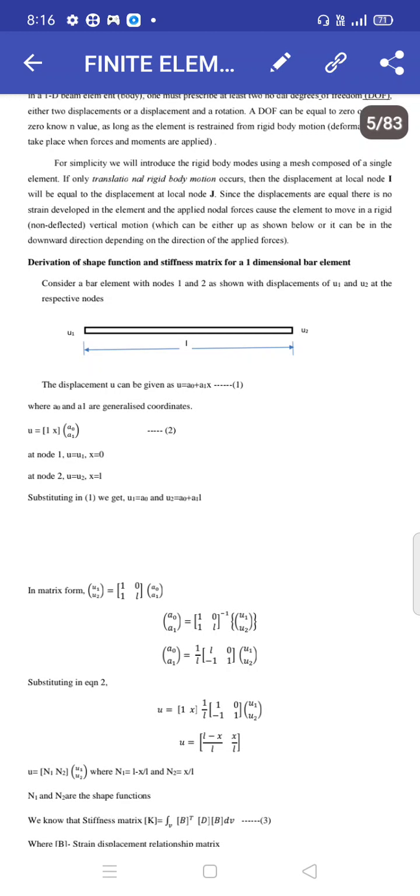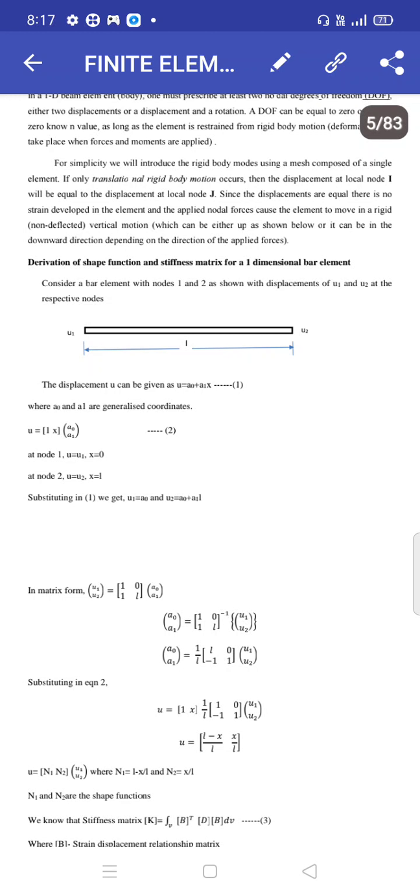Then the displacement vector u1, u2, a0, a1 is equal to 1 by L, [1, 0; minus 1, 1]. Substituting in equation 2, u is equal to [1, x], 1 by L, [1, 0; minus 1, 1], times the displacement vector u1, u2. Finally, u is equal to (L minus x) by L, then x by L.